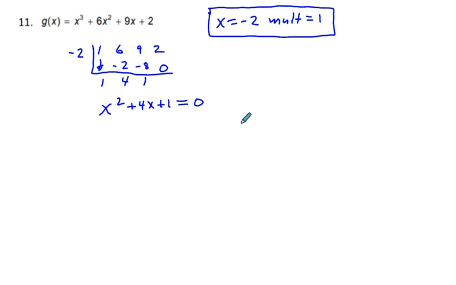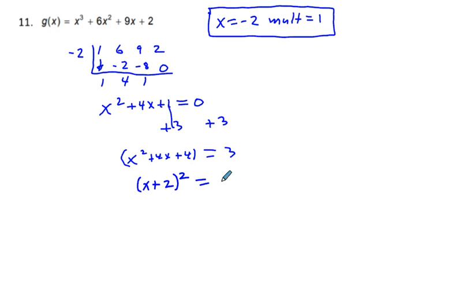So we have similar to what we had this other time. So we have negative 2, and again, if we leave the square like we had, 1 plus 4, of course we have x squared plus 4x plus 4 equals 3. So we have x plus 2 squared equals 3.